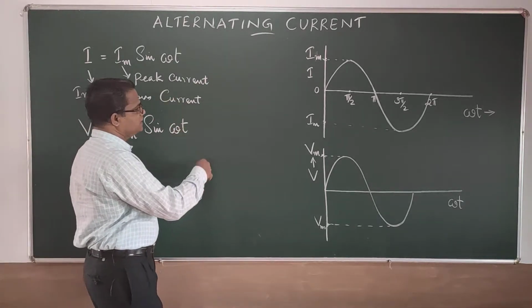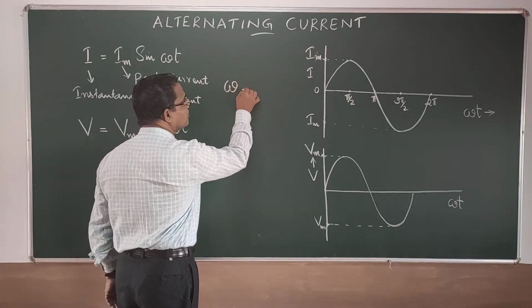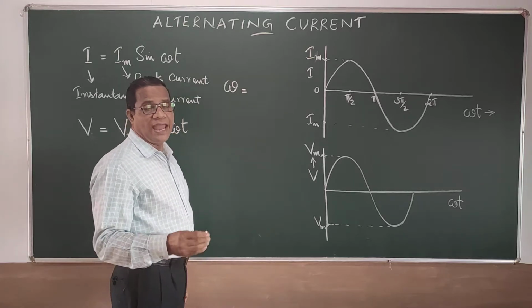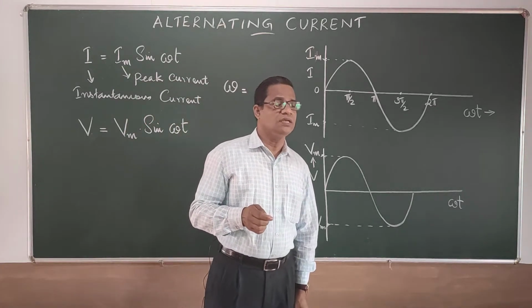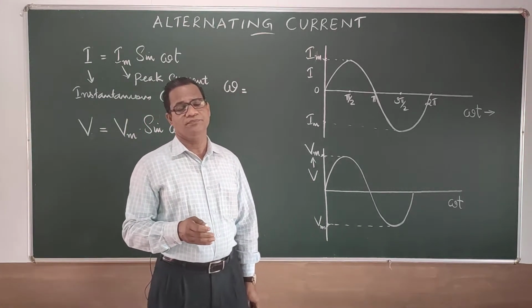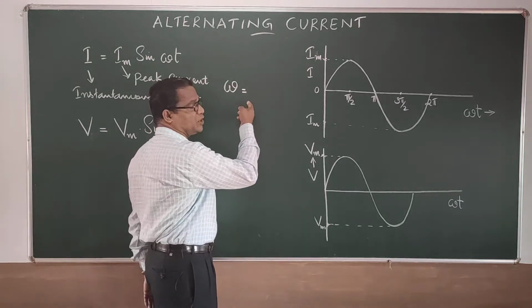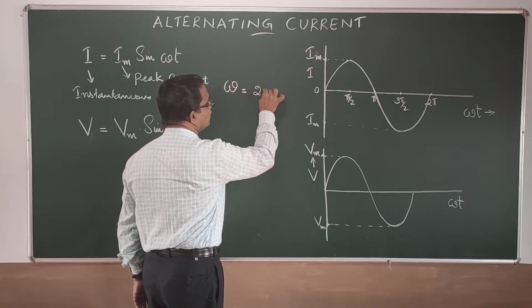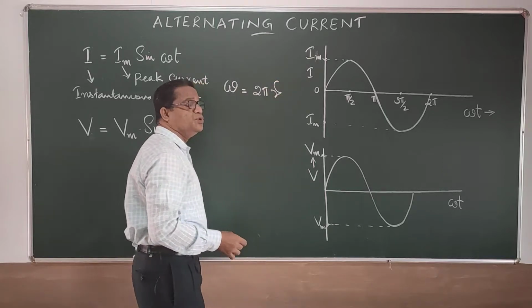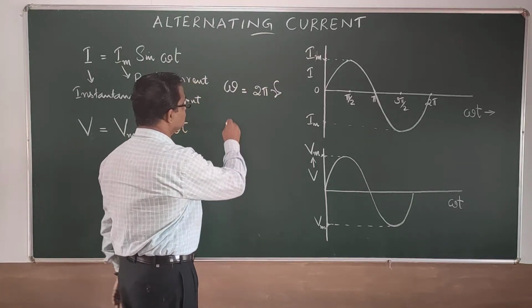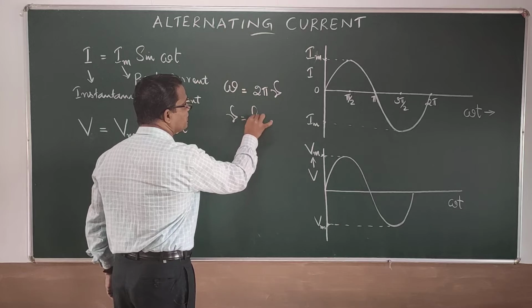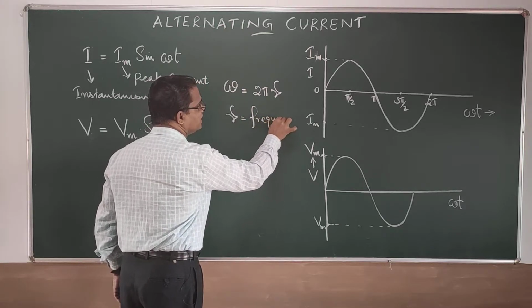Now in these two cases, omega represents the angular frequency of the AC, and that is equal to 2 pi into nu. And this nu is called the frequency of the AC.